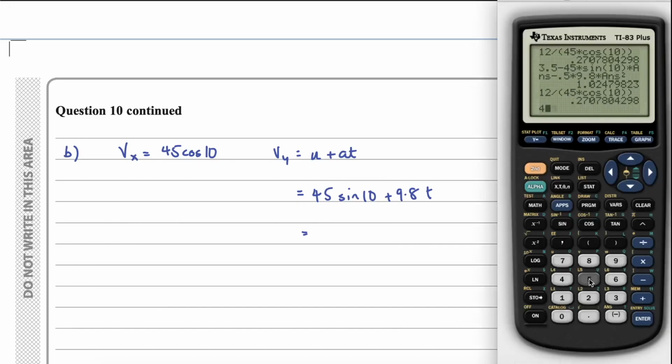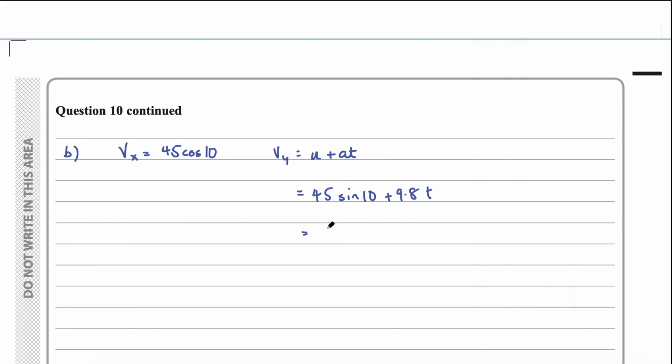So we'd have 45 sine 10 plus 9.8 times the time. And I put the calculation of a time in again above just so I could put the answer here. And we get 10.4678, etc.